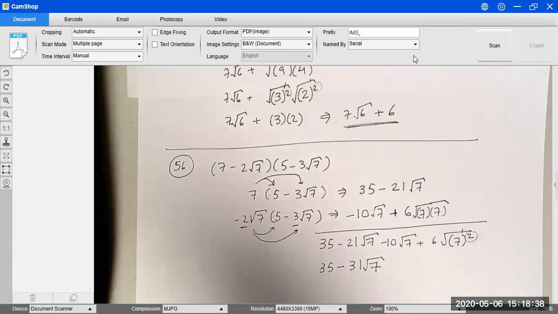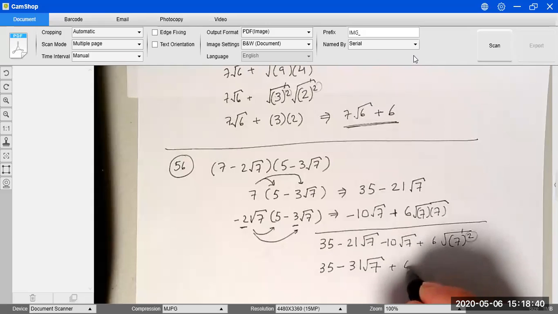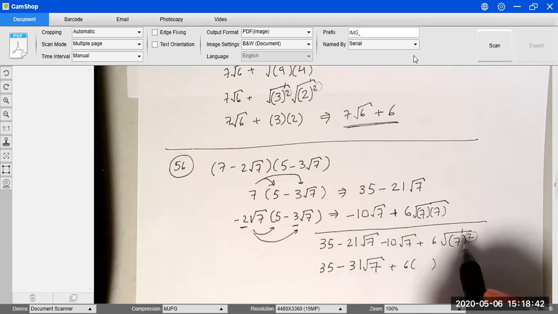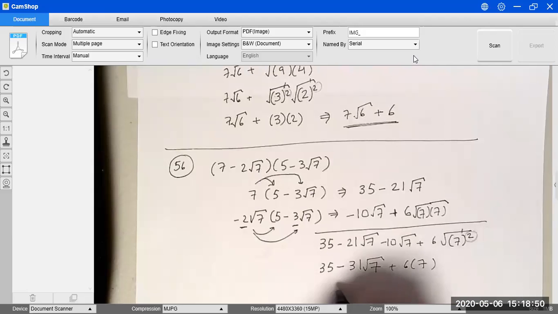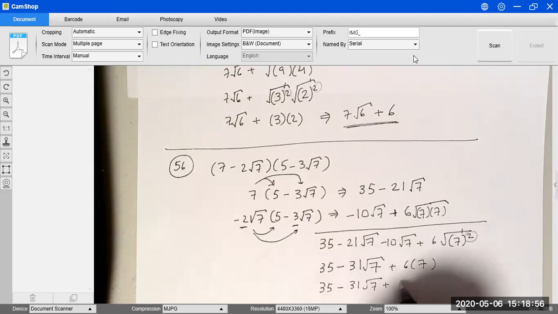Now in the last case, I have 6 multiplying something that is left after you remove the radical and the coefficient. What is left is just 7. So you have 35 minus 31 times square root of 7 plus 42.